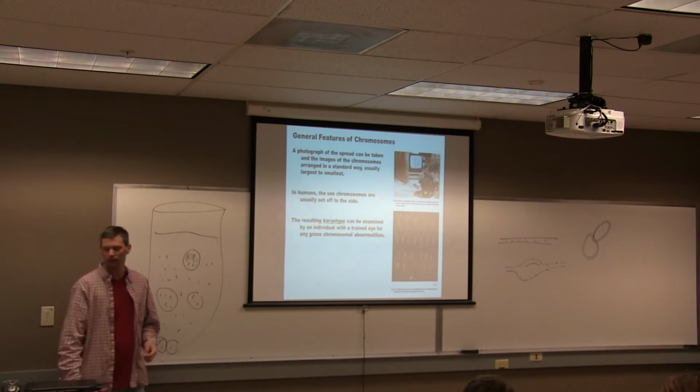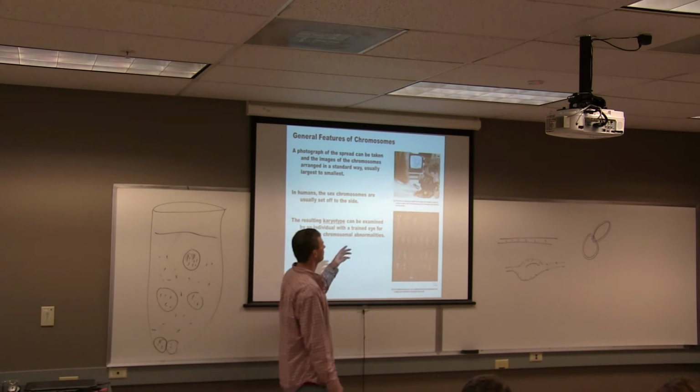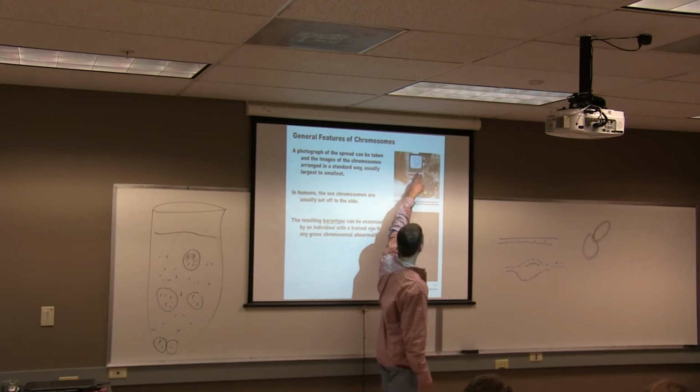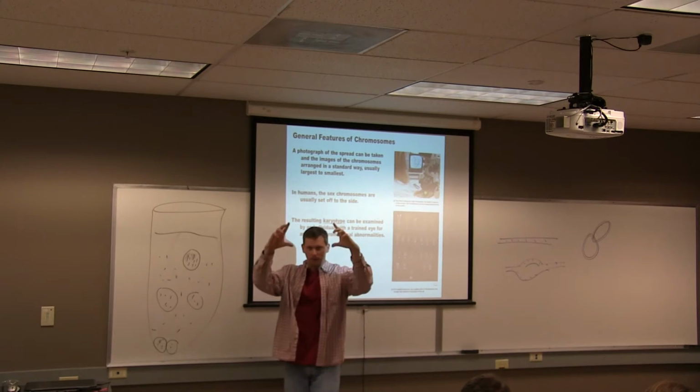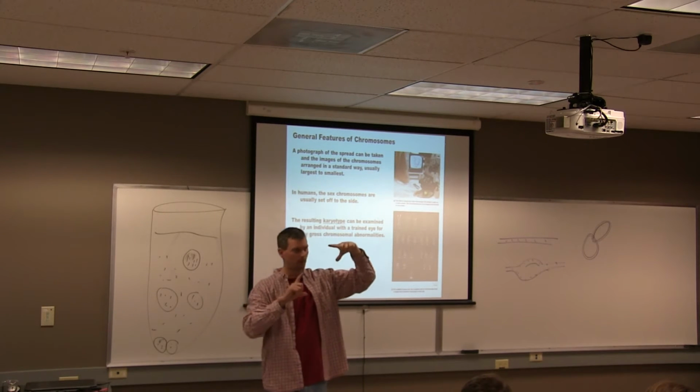So in the old days, and I actually had a college graduate friend of mine, a good friend of mine, they would get these spreads, and they would print them off on a piece of paper, 8.5 by 11.